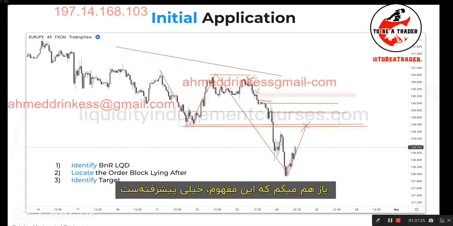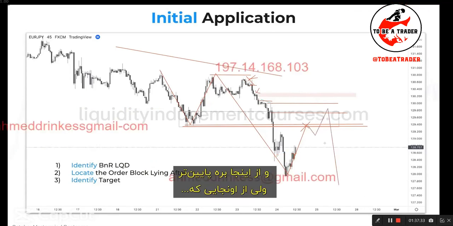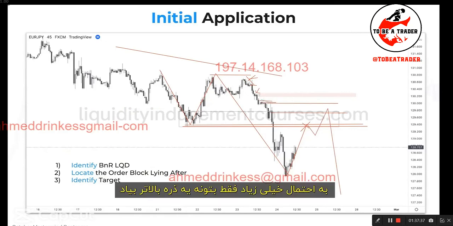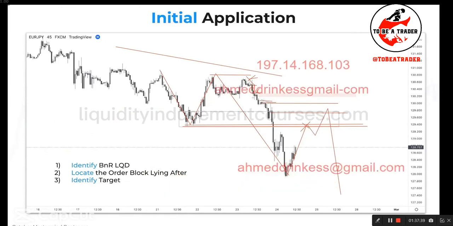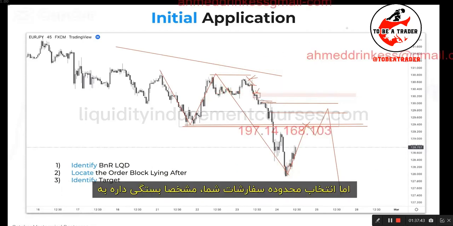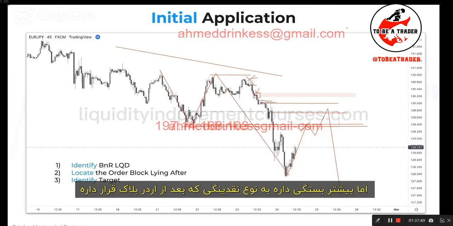Again, this is a more advanced concept we're going to be going over throughout as we're learning. So this can work right here to go lower, but because we do have it lying at equal highs, most likely price could come up to the one just above, right? So if you didn't identify it, hopefully you understand now, but your order block selection is going to be specifically contingent on the types of liquidity that lie before it, but more importantly, the ones that lie after it.